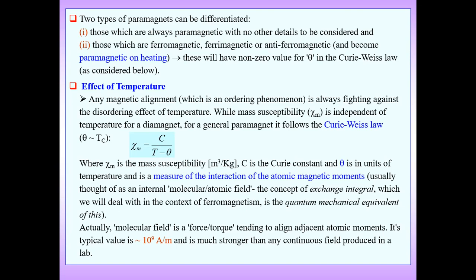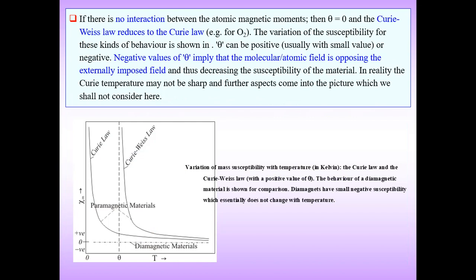In the quantum mechanical equivalent, the molecular field is a force or torque tending to align the adjacent atomic moments. It has a typical value of 10 raised to 9 A per m, much stronger than any continuous field produced in a lab. If there is no interaction between the atomic magnetic moments, then theta is equal to 0, and the Curie-Weiss law reduces to the Curie law.